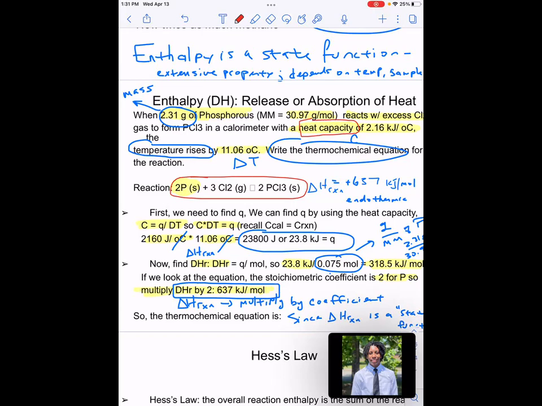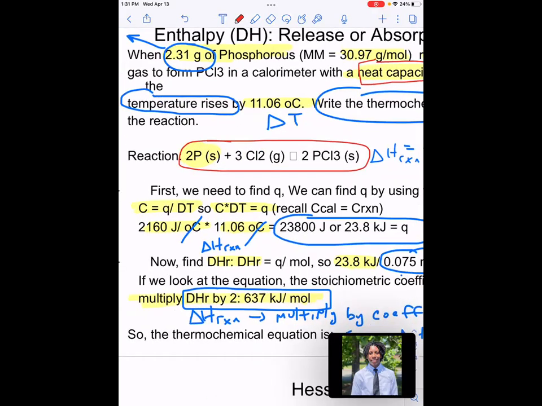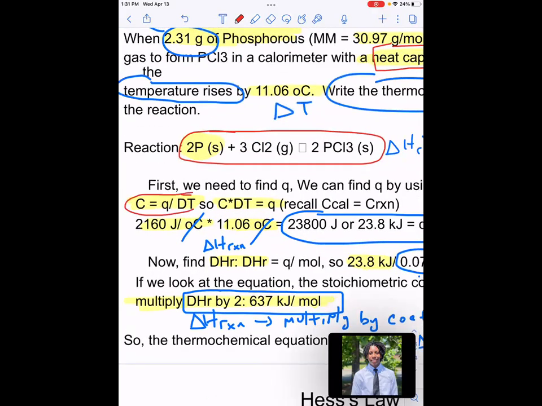But the reaction itself, in order to solve for delta H, we have to find Q first. And it gave us everything we needed for Q, because if we use the specific heat, which is this equation right here, we can just rearrange that to solve for Q. So that's this right here, C times the delta T equals Q. And for constant volume, constant pressure, whatever the calorimeter heat capacity is, that's the capacity for the reaction.